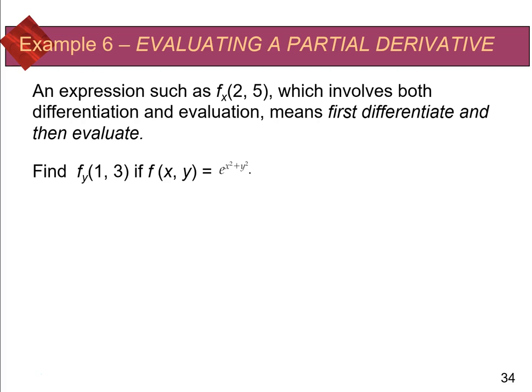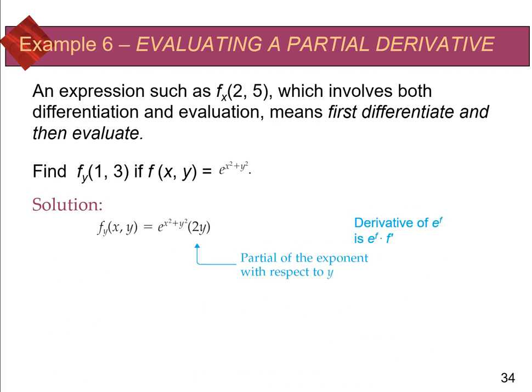So for instance, in this case here, you're asked to do the partial derivative with respect to y, evaluate it at (1, 3) for the function f(x, y) equaling e to the x squared plus y squared power. So first we take the partial derivative with respect to y.